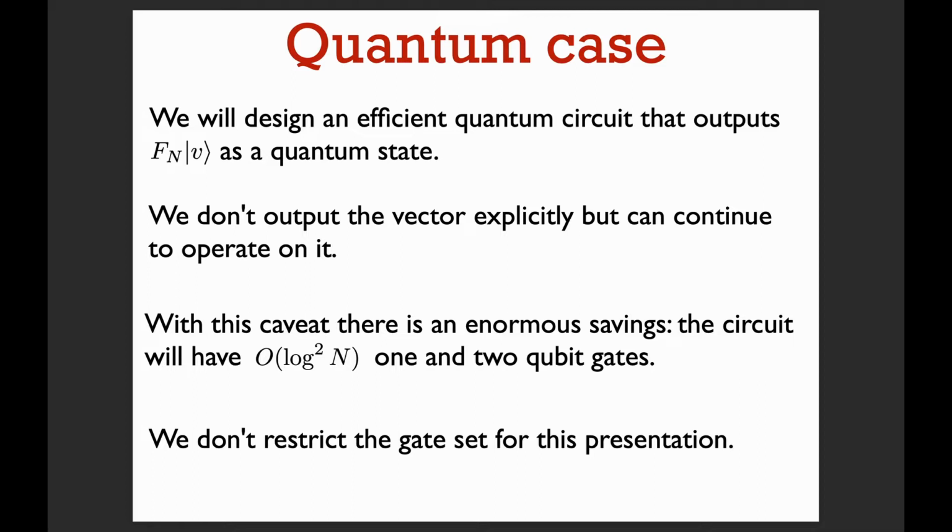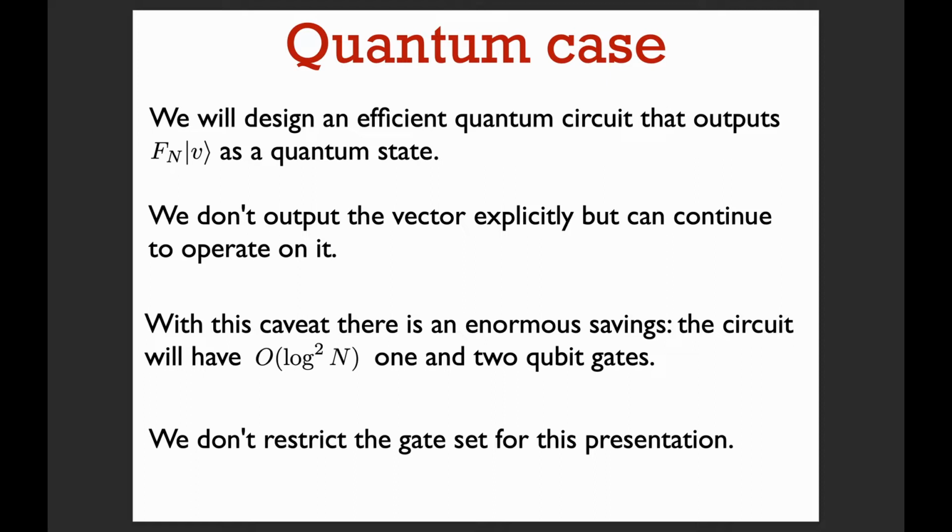You're not going to have this vector written down on a piece of paper at the end of the day, but you're going to have a quantum state that encodes Fn times v. So you can continue to use the output of this quantum state in the rest of your algorithm.